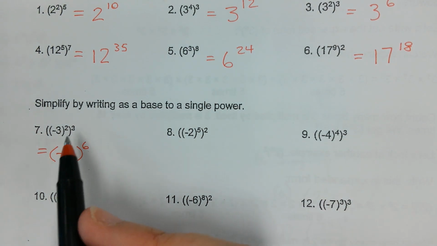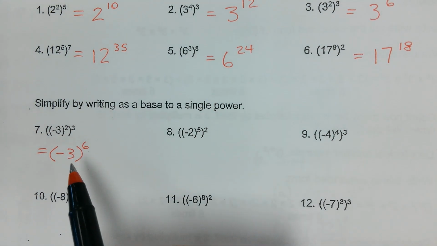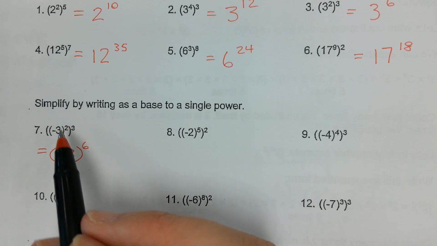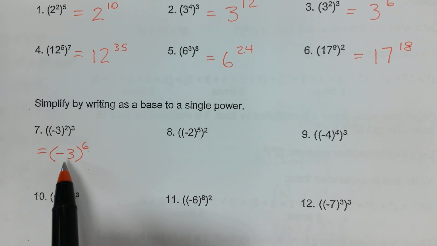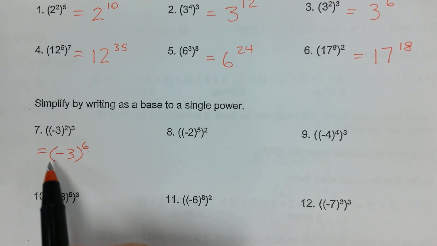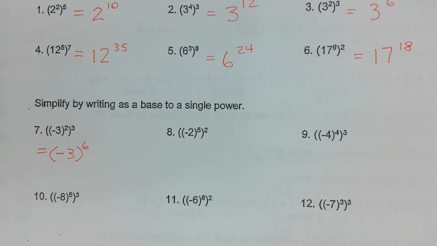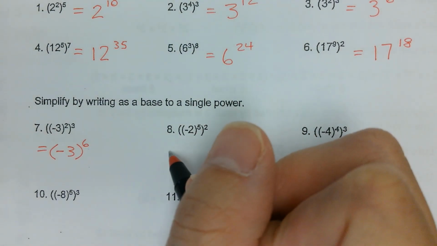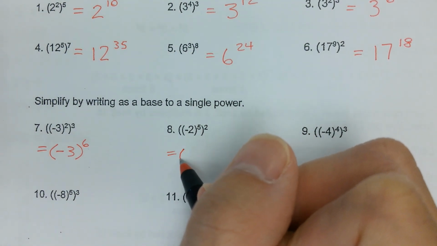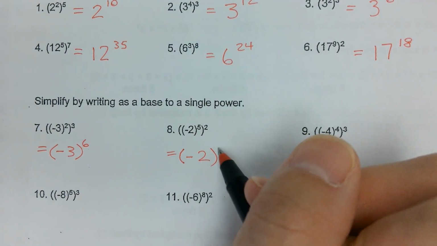So the only difference between these ones and these ones is your base is in the bracket. The -3 is in brackets, so your base number is -3. So keep that bracket there, and then the exponent. Okay. Jasmine? (-2) to the power of 10.